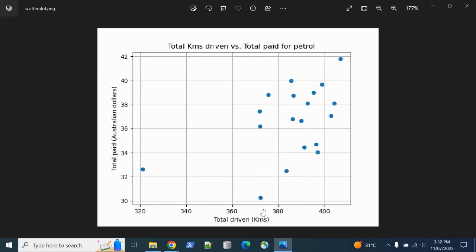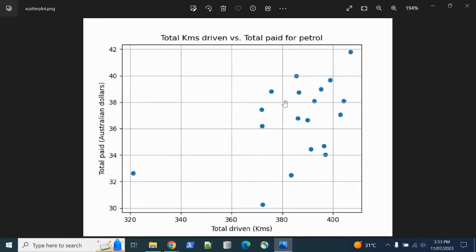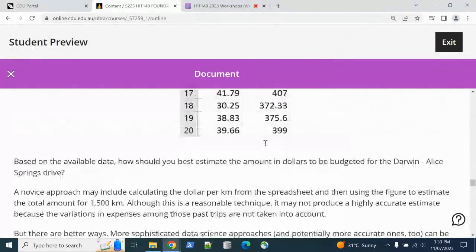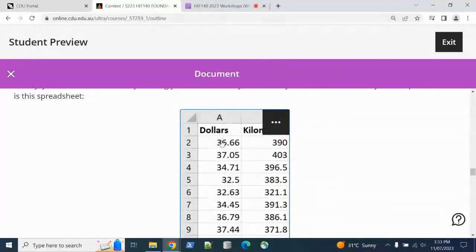So you mentioned that there are 19 observations. So then we have 19 dots here. 1, 2, 3, 4, 5. If you count it, there are 19 dots. So each of these dots represents the row that we have here. Okay. So for example, the first one, let's say $36 corresponds to 390 kilometers.